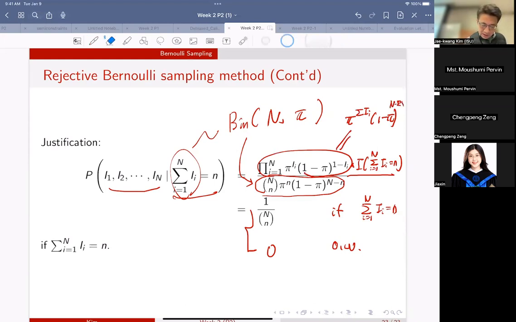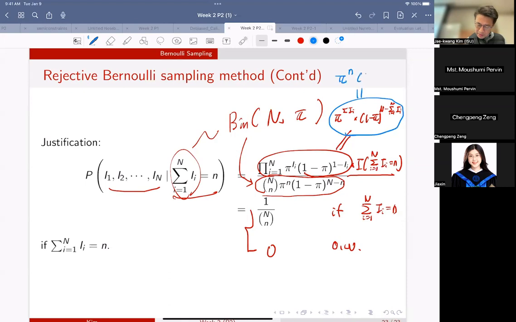So basically, let me write it again. This is pi to the n times 1 minus pi to the capital N minus n.